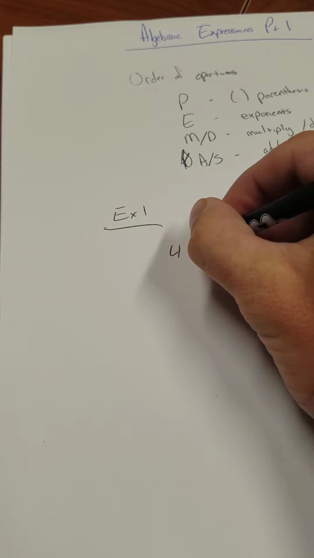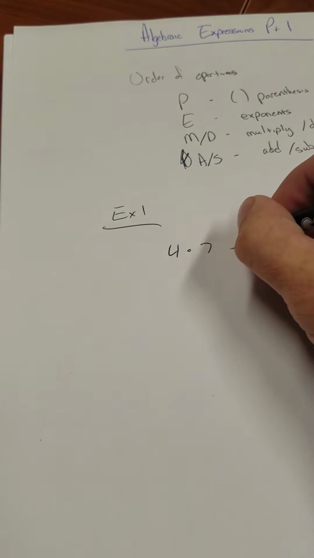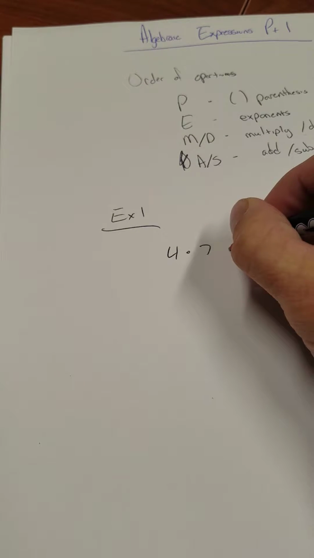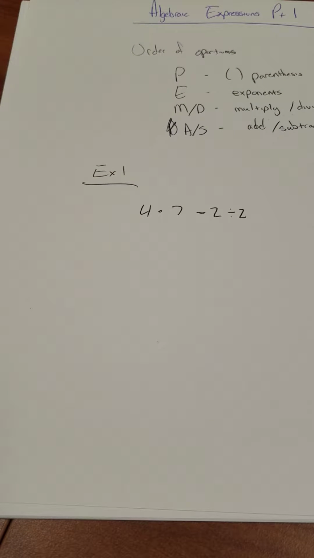Here's an example: 4 times 7 minus 2 divided by 2. Parentheses: there are none. Exponents: there are none. Multiplication and division: we need to do those first.